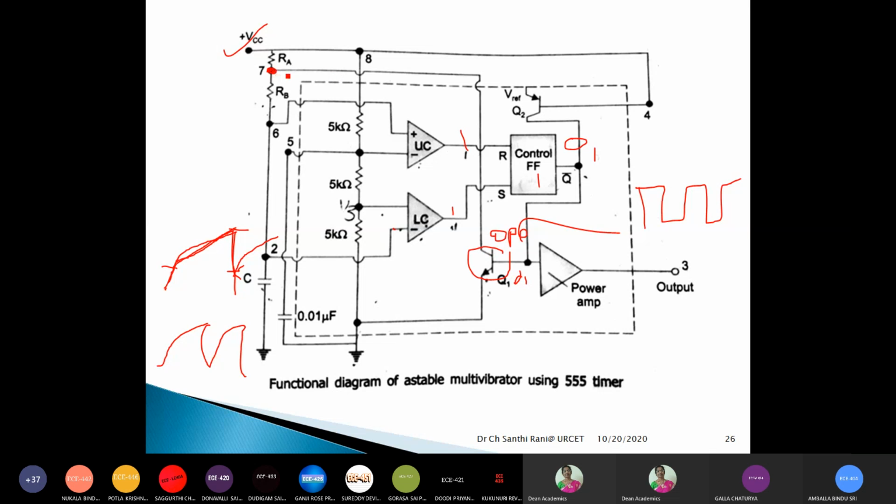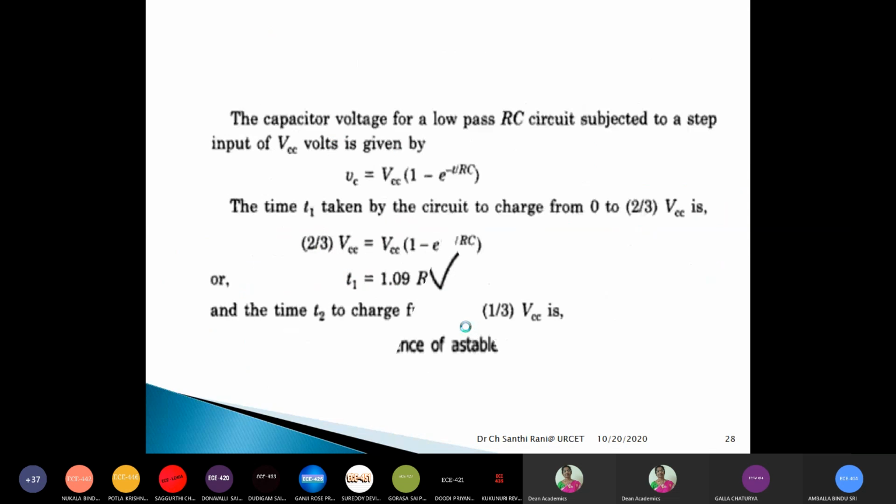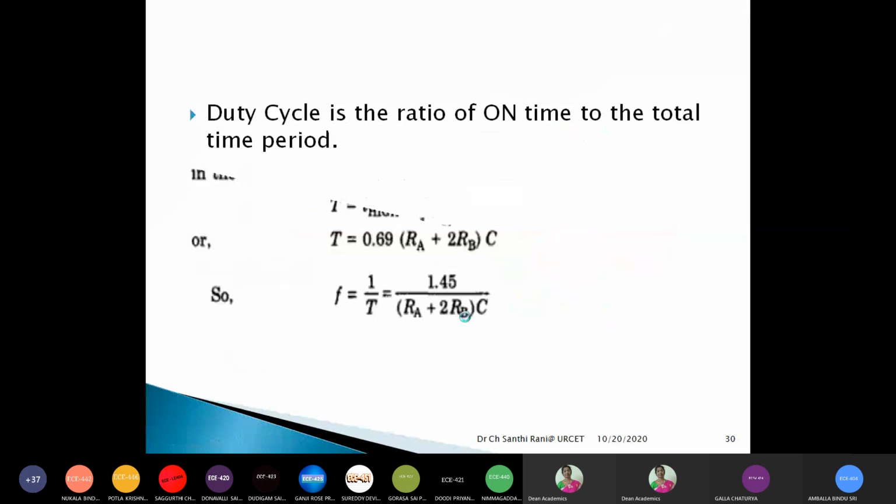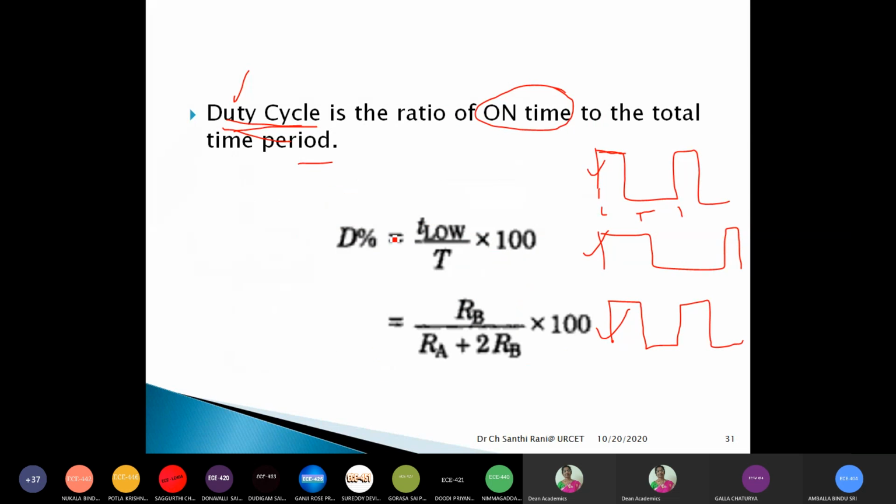So therefore, the capacitor is discharging. Therefore, this is defined as the on period. That means it is T low, right? For our circuit, it is always expressed in terms of percentage. Therefore, duty cycle D, expressed in percentage, is equal to T low divided by total time period.